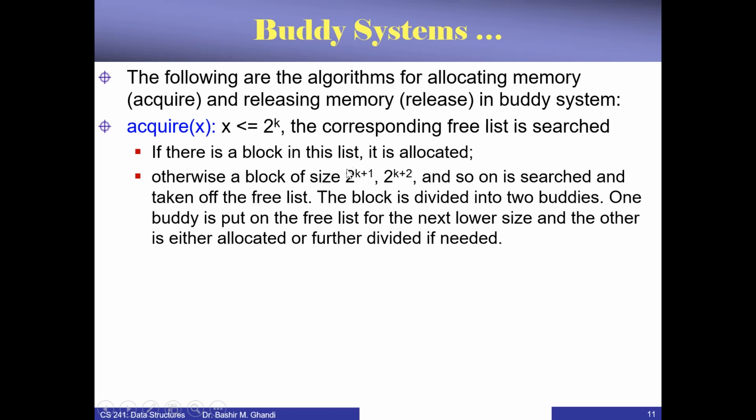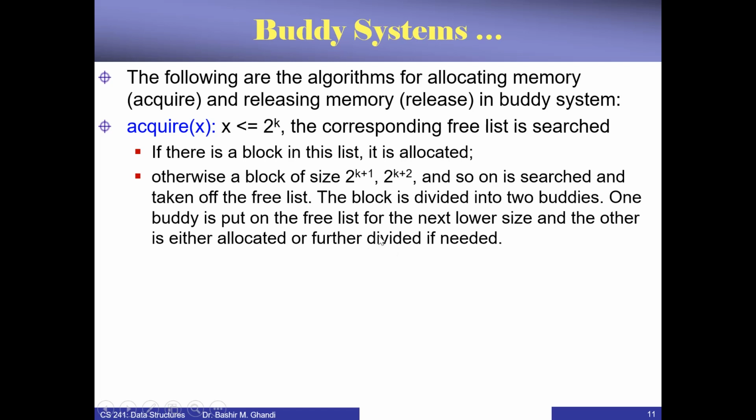Okay, what if 2 to the power k plus 1 is also empty? We go up again to 2 to the power k plus 2. Take one block there, break it into 2, put 1 in the linked list of 2 to the power k plus 1. The other one is again further divided into 2.